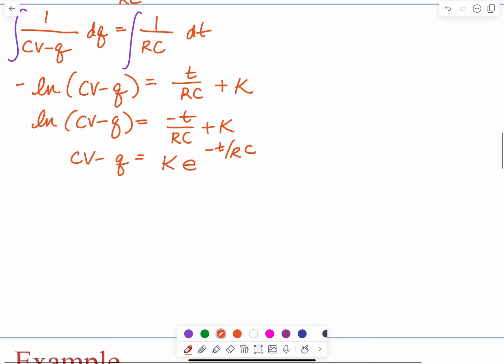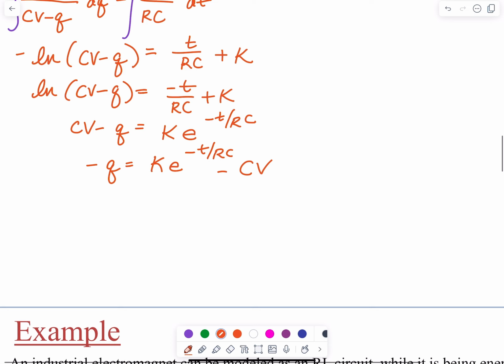And we are getting there. That's the opposite of Q is equal to K e to the negative t over RC minus CV. And we finally come up with Q of t is equal to that constant e to the negative t over RC plus CV.